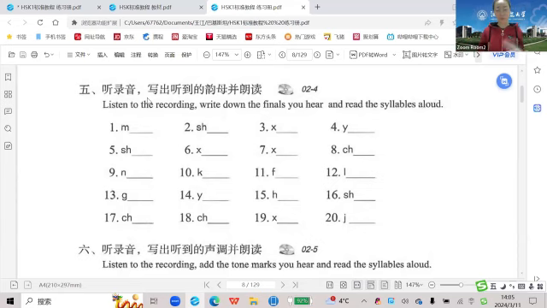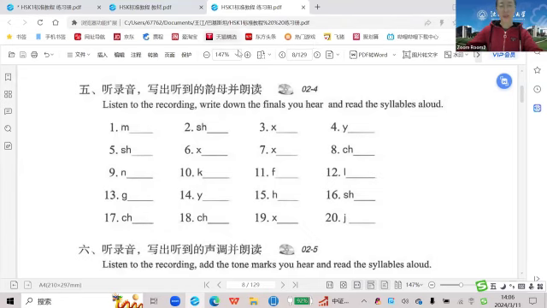I will be the recording, and please listen to me carefully and write down the finals you hear in the chat room. Are you ready? Number one. 门.